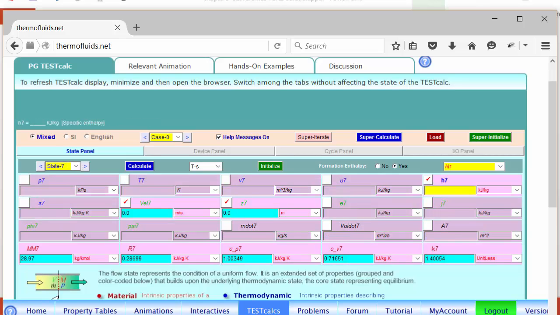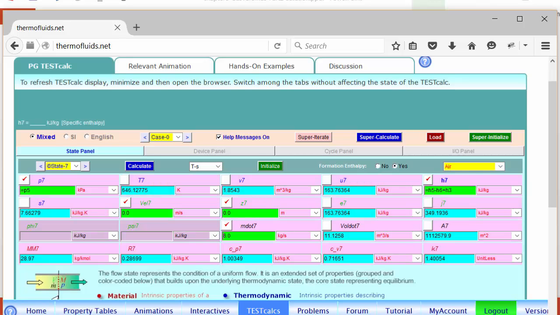Enthalpy will be H5 minus H6 plus H3, and the pressure at 7 equals pressure at 5, which is of course 100 kPa and 6 kg per second. So this gives us a value of 646, not quite what we got.